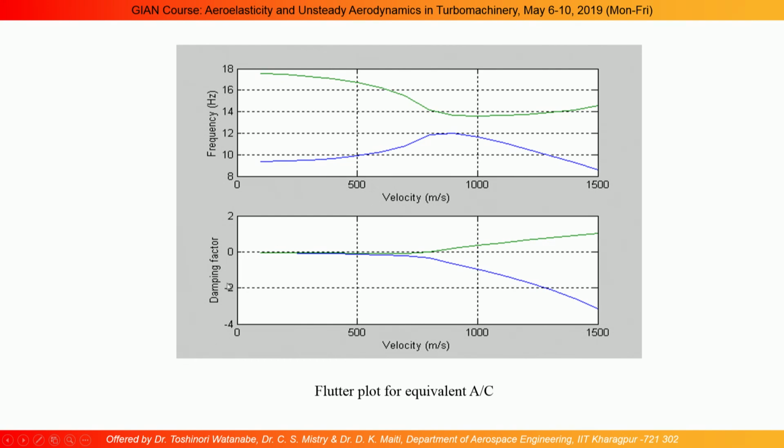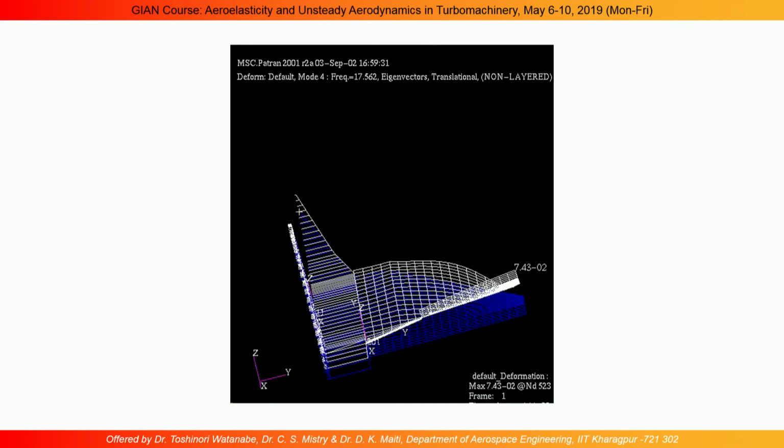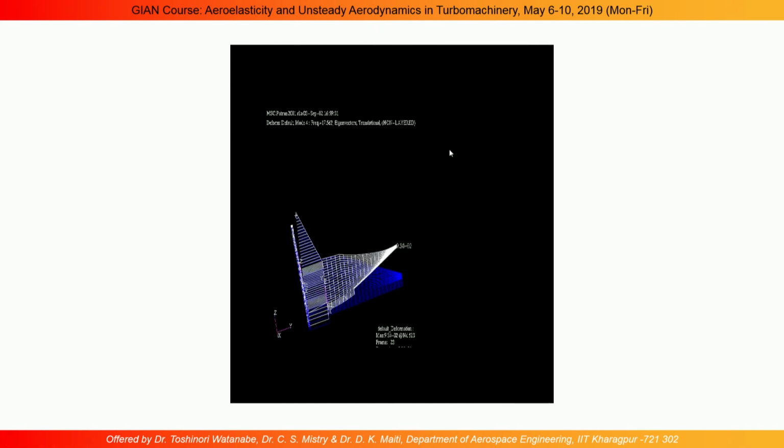If I take the damping, you will find that the damping of the torsional mode crosses zero, and similarly the frequency of the torsional mode comes down and the bending mode goes up. In this case they have not coincided, but in a typical simplistic model, they may coincide. Now, let me see whether I can show you the video.